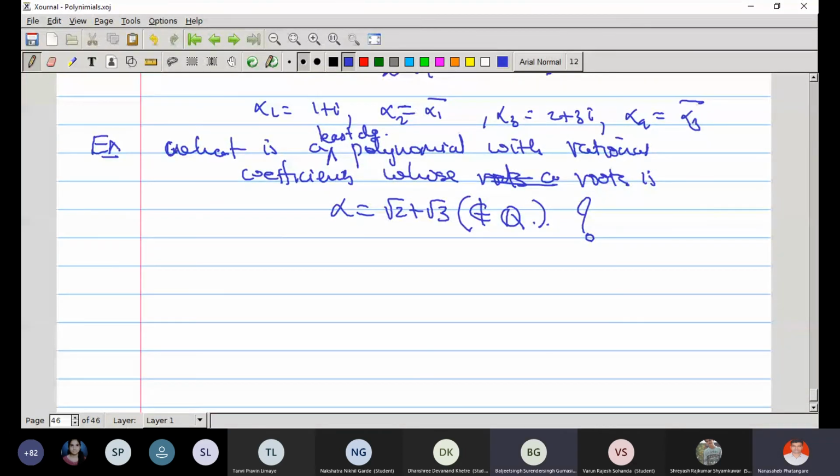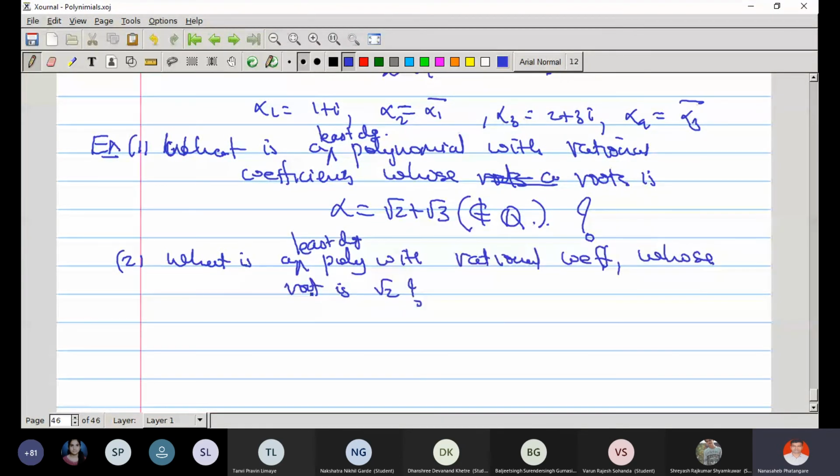Okay, let me make a simpler question. What is a least degree polynomial with rational coefficients whose root is root 2?